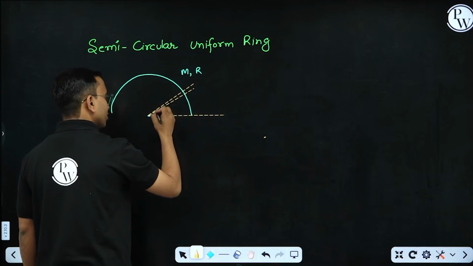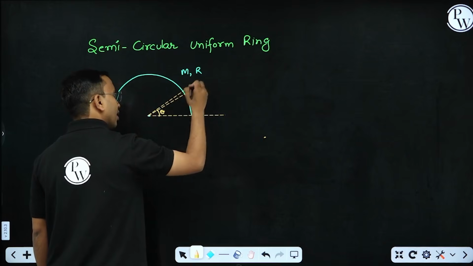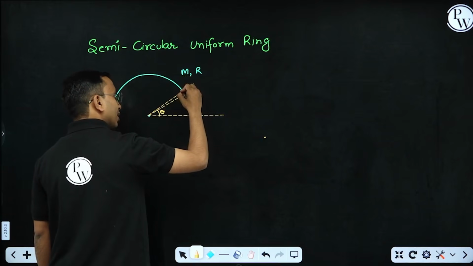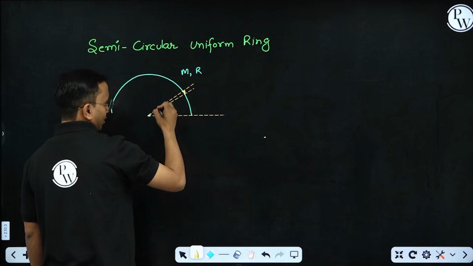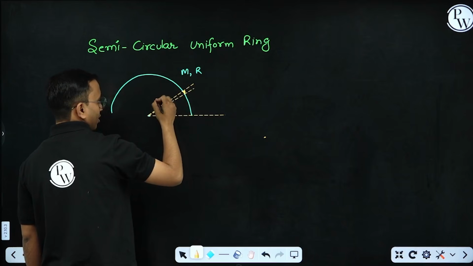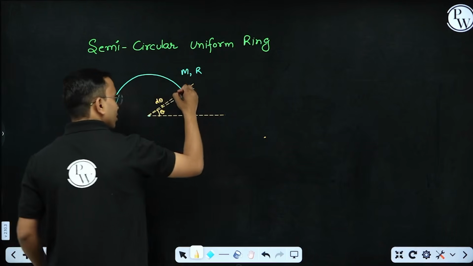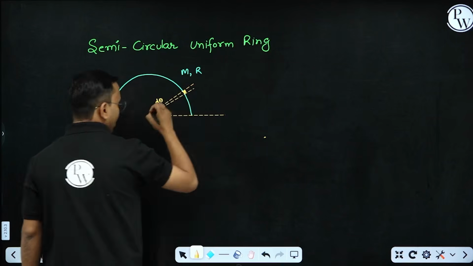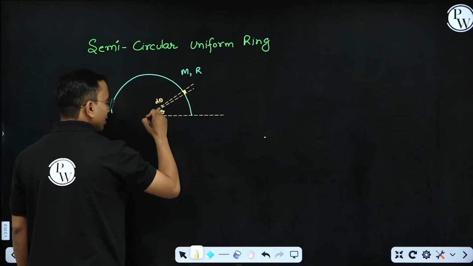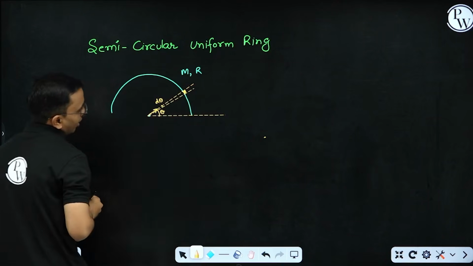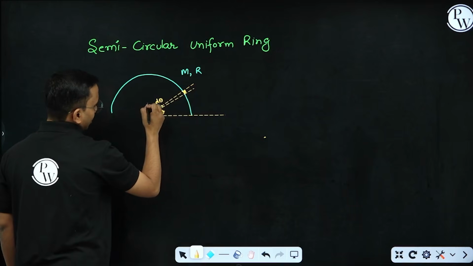This is my theta, and the angle subtended by this small section is d theta. Due to this d theta section, there will be a gravitational field at the center in this direction, and let us take this as dE.